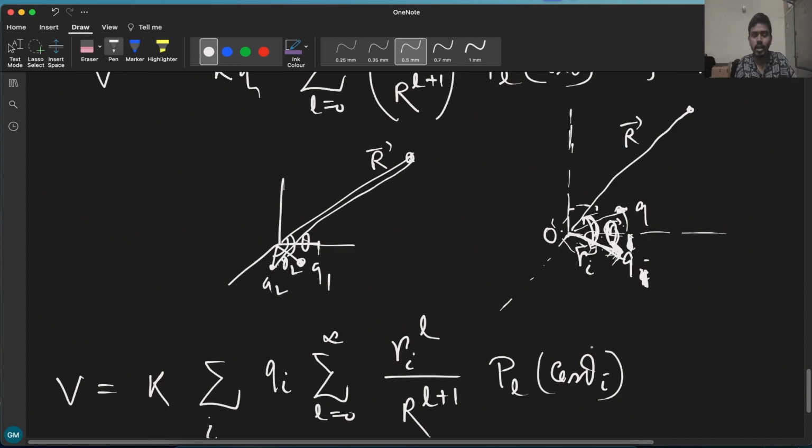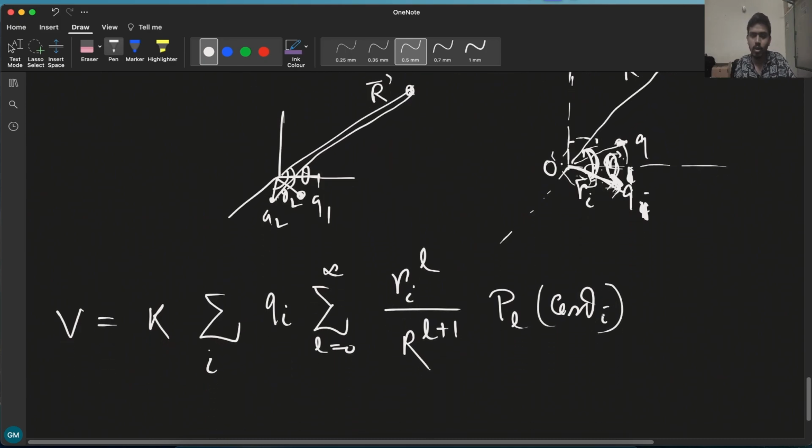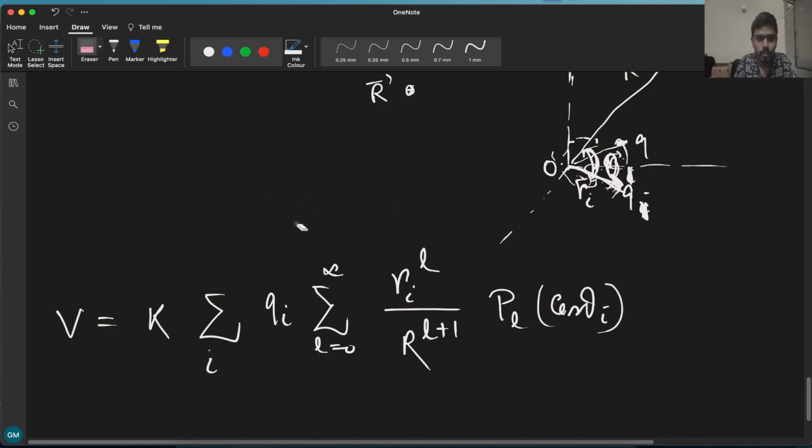So depending on the source charge we are choosing, theta i will also change. That's why I need to put theta i also.